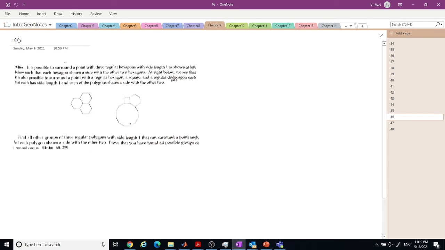Okay, so we want to find how many regular polygons are possible. That means we can build, for each vertex, right, there are 3 n-gons. For example, I have a regular n-gon like this, another regular n-gon like this, and another one like this.